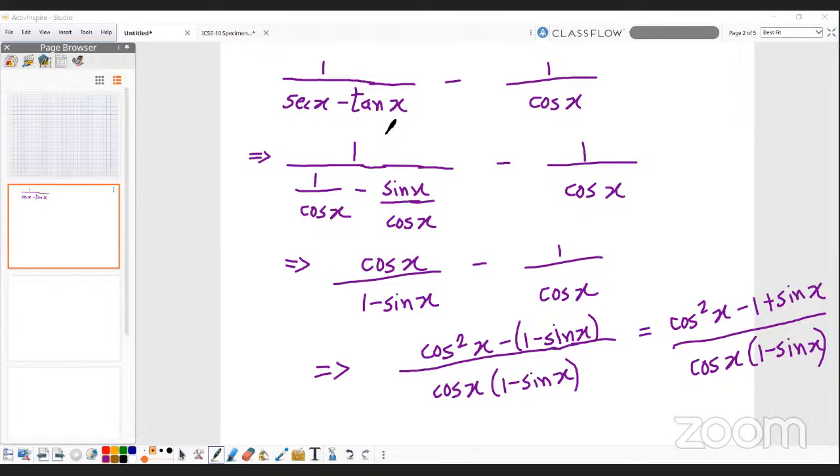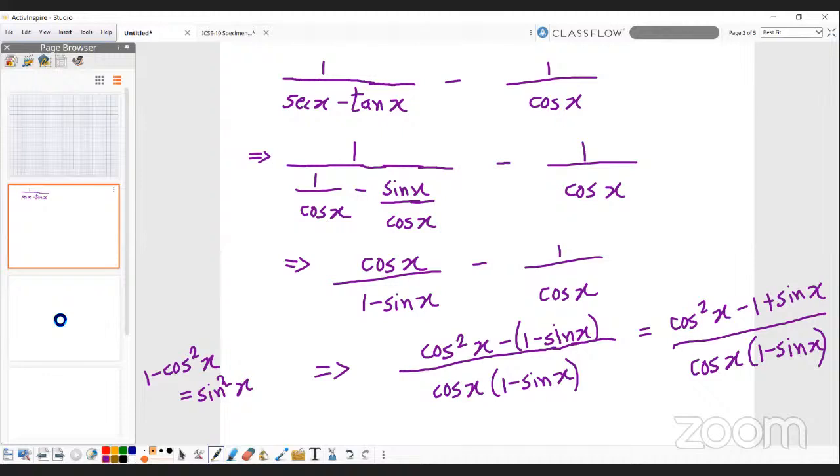Next you see this thing, cos square x minus 1 plus sin x. You know that 1 minus cos square x is equal to sin square x, right? We know this from the first identity. So cos square x minus 1 you can write as minus sin square x.